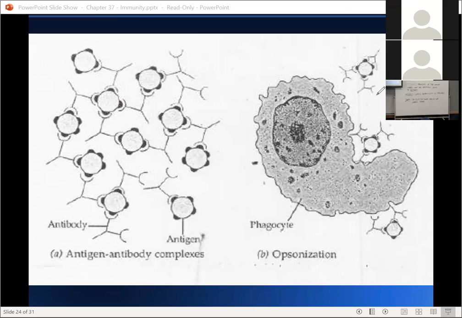Opsonizing antibodies make this opsonized pathogen more attractive to phagocytic cells like macrophages. There are specific receptors on the surface of the macrophage that recognize the antibodies. Okay, and so that's going to initiate phagocytosis, and these antibody-coated pathogens are going to be engulfed by the macrophage or neutrophil, and then digested, and that neutralizes the threat.